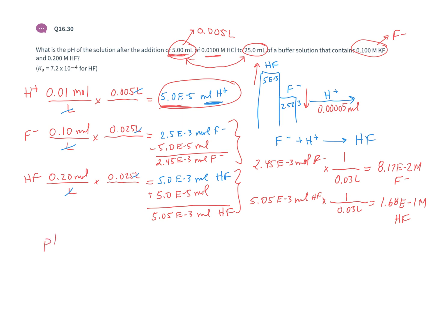The Henderson-Hasselbalch, pH equals pKa plus the log of my base over the concentration of my acid.